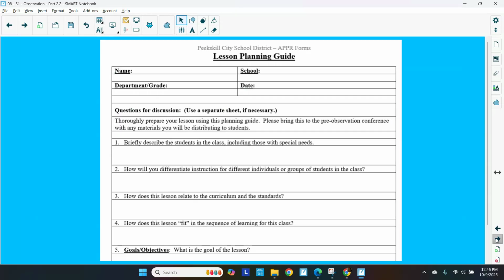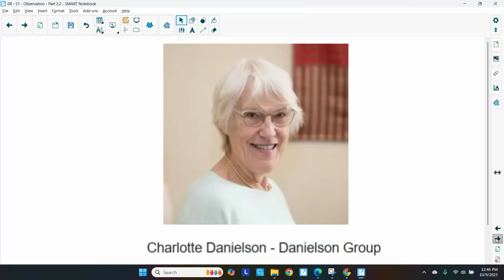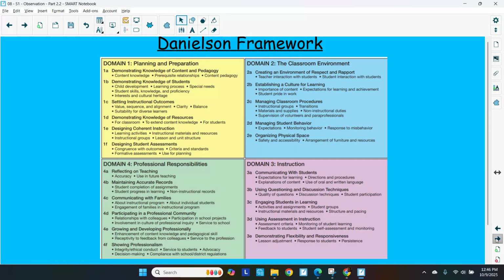Here's our lesson plan for the pre-observational conference, and I talked about that before. There are the 9 questions. Our model of observation, we go under the Charlotte Danielson framework, and I've covered so far the yellow here, planning and preparation, domain 1. I'm continuing domain 2, the classroom environment.